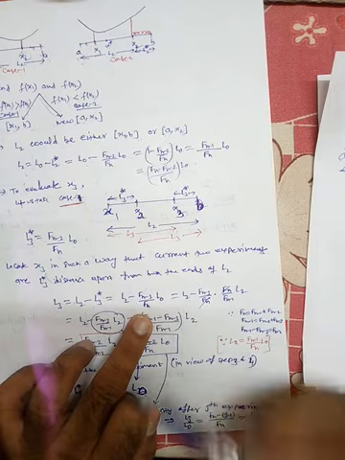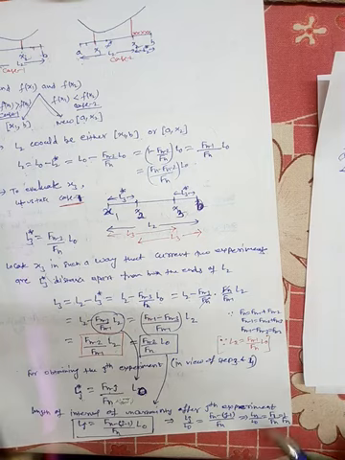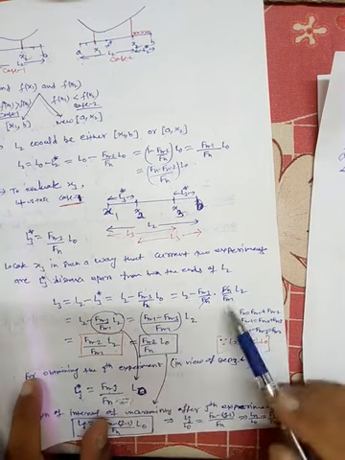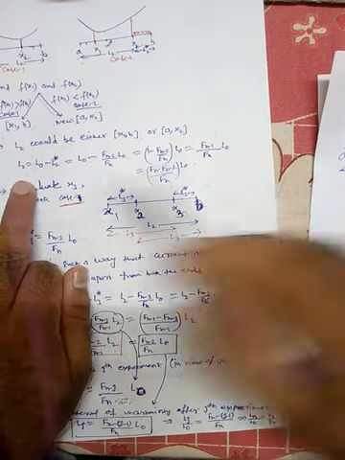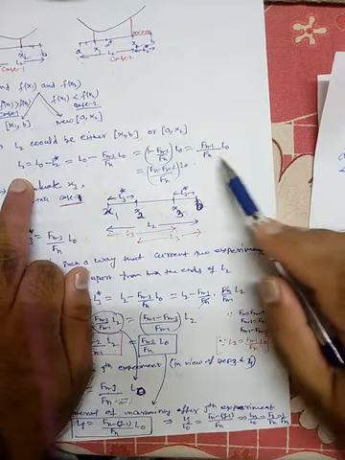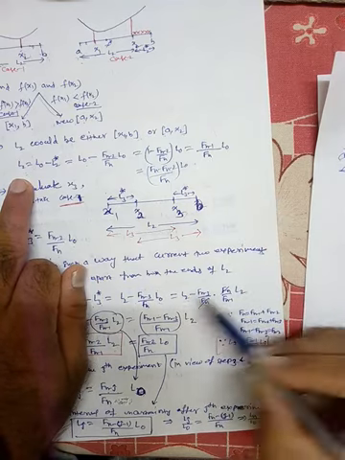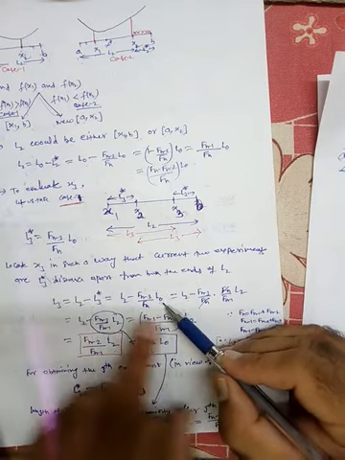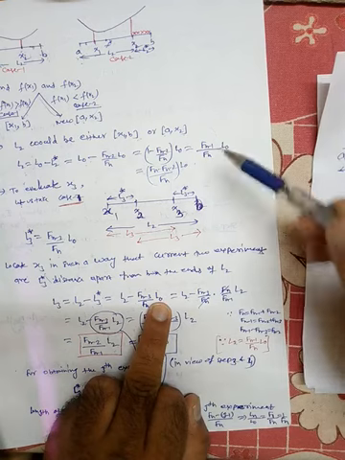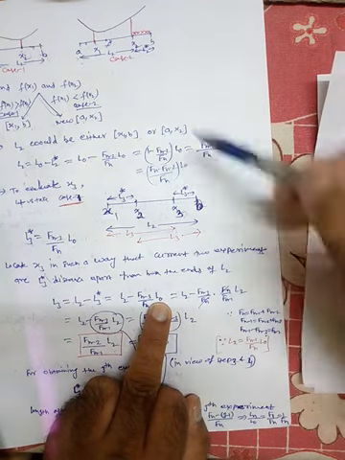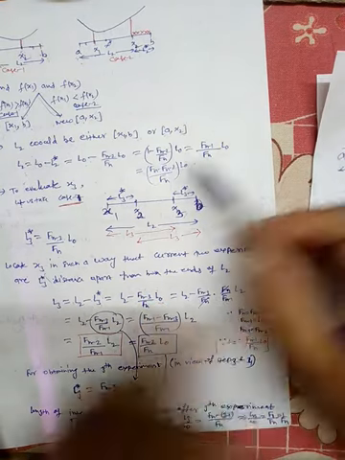What is L naught? From here, L2 is equal to f of n minus 1 by fn L naught. Just substitute this value: L naught is nothing but fn by f of n minus 1 L2. So L naught is evaluated from here.